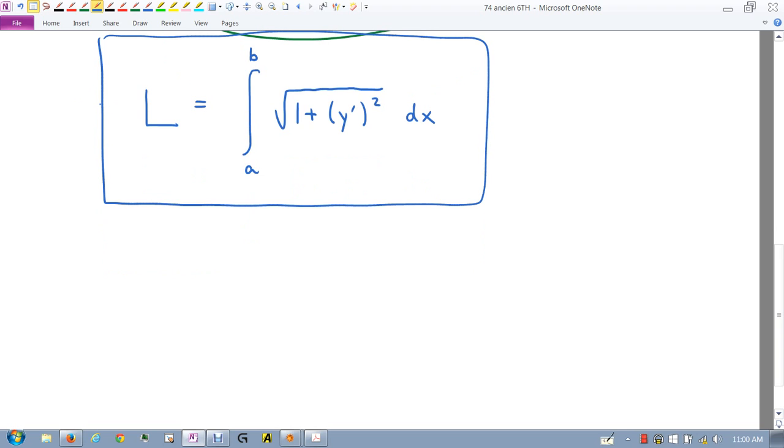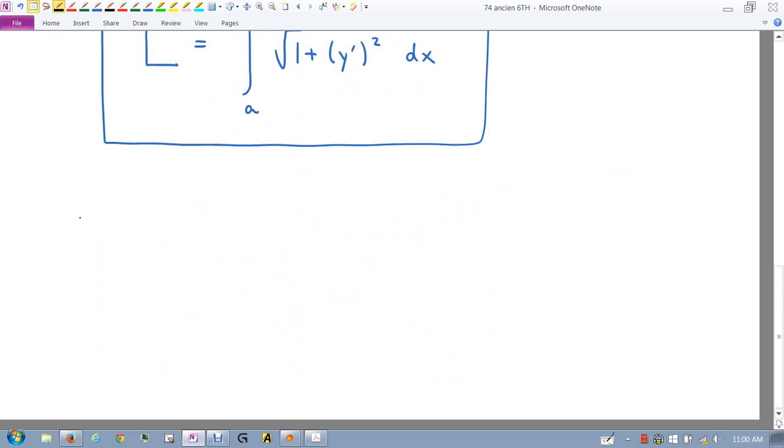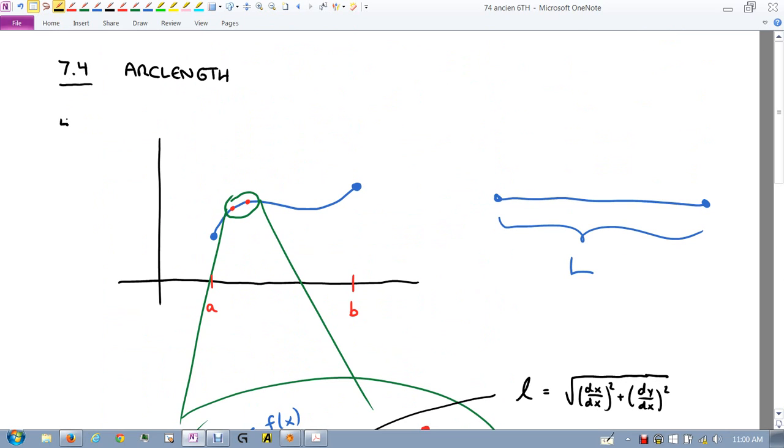So let's do an example. We'll call this 742. Next page. Find the length of, now these problems have to be chosen very carefully for them to work out.